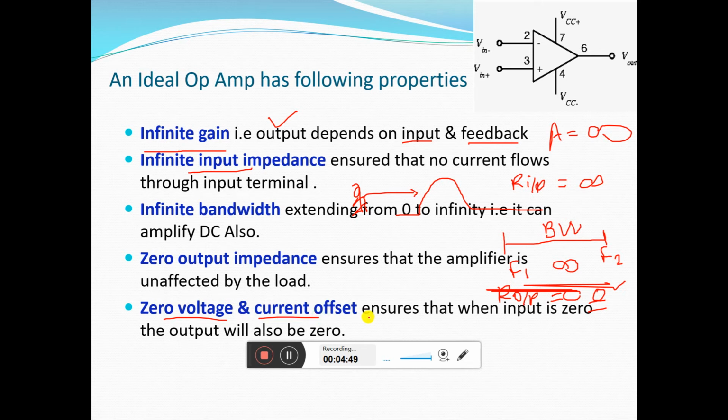If the offset is zero, then if the input is zero, the output is also zero. Due to these properties, the op-amp behaves like an operational amplifier. Some remaining properties will be elaborated later, but basically these are the highlighted properties.